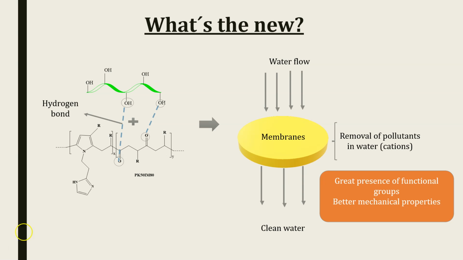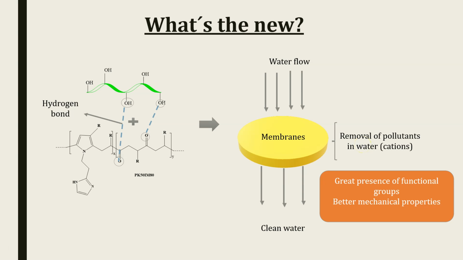Well, taking into account the great presence of hydroxyl groups in the microfibrillated cellulose structure and the great presence of functional groups in the modified polyketone, it's possible to mix these through hydrogen bonding or electrostatic interaction to create a membrane to remove pollutants in water, in this case cations.